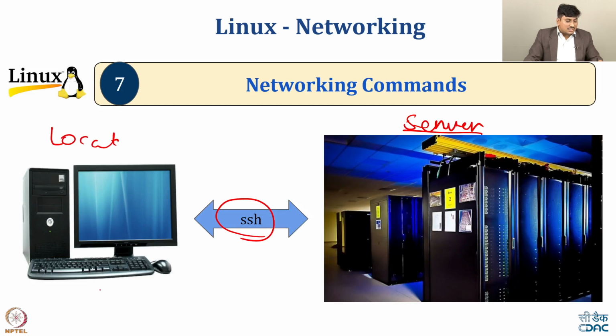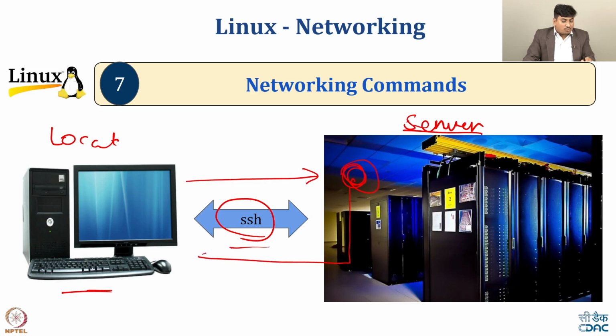Generally we have the local system, from that local system we have the IP address and the authentication, like authentic users of this particular system. Then through the SSH, via the secure shell, we generally try to connect or take the access of this particular system, do some work on it and we get the output from this.